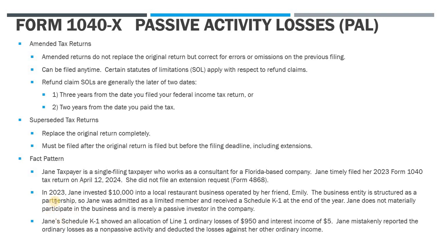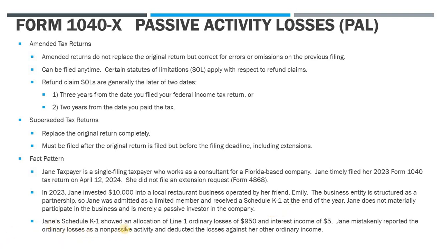Now, the issue she had here is in 2023, Jane invested $10K into a local restaurant business operated by her friend. The business is structured as a partnership, so Jane was admitted as a limited member and received a Schedule K-1 at the end of the year. Jane does not materially participate in the business, and she is merely a passive investor.